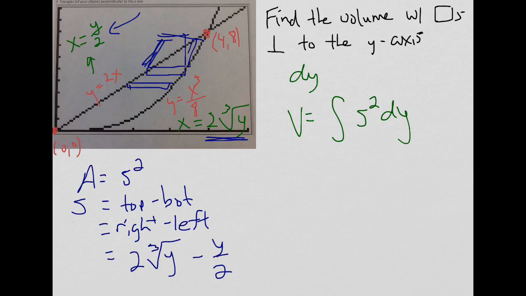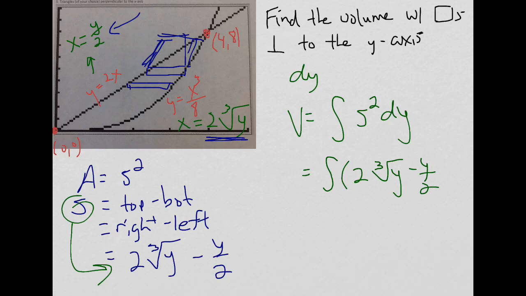The previous one was just dx. So that's equal to the integral, and I'll fill in the bounds in a moment. My side length was this thing, so I'm going to go in parentheses, 2 cube root y minus y over 2, dy.